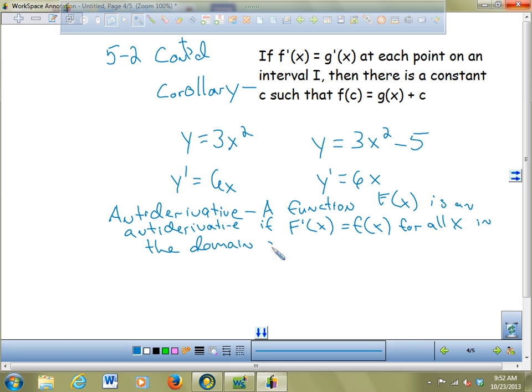Is there a difference between your capital F and the lowercase f? Yes, the original function is capital F. The derivative of that function is little f of x, just to show that they're related, but not the same thing. The derivative of big F is little f.